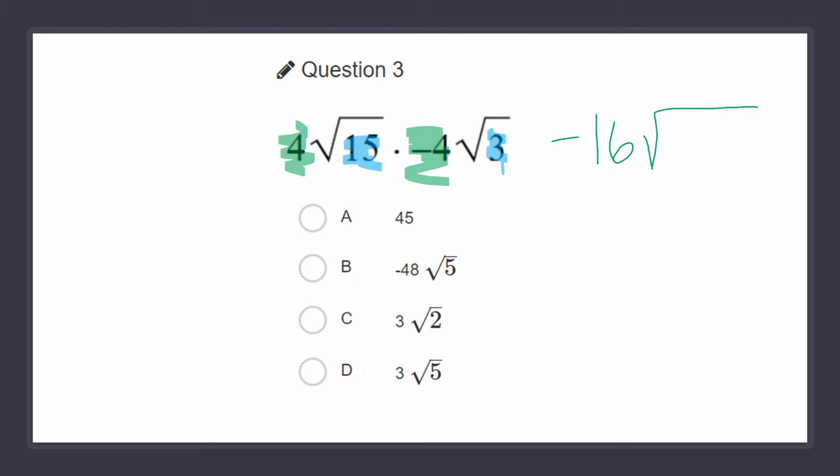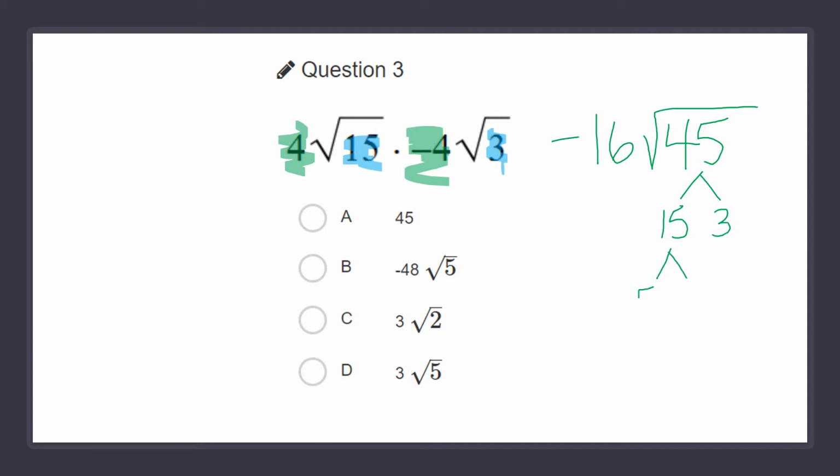So you can go ahead and do 15 times 3 and write 45, or as we talked about in class, you can leave it as 15 times 3 because your first step is going to be to break down 45, and so you could break it down to 15 and 3. But you could also use 9 and 5 if you prefer. It doesn't matter. Use whatever pair of factors that you prefer.